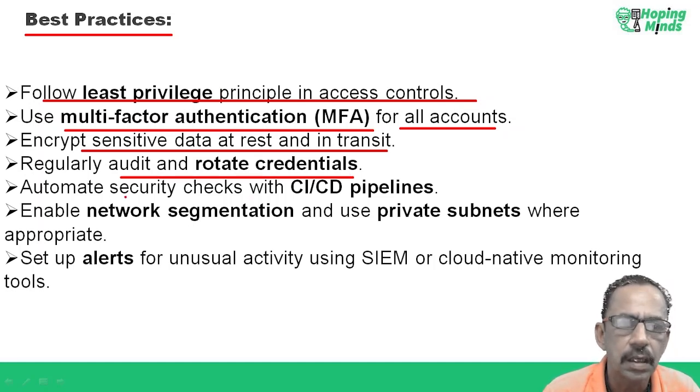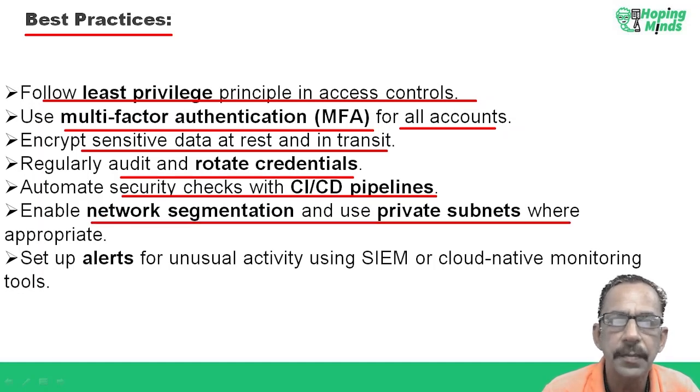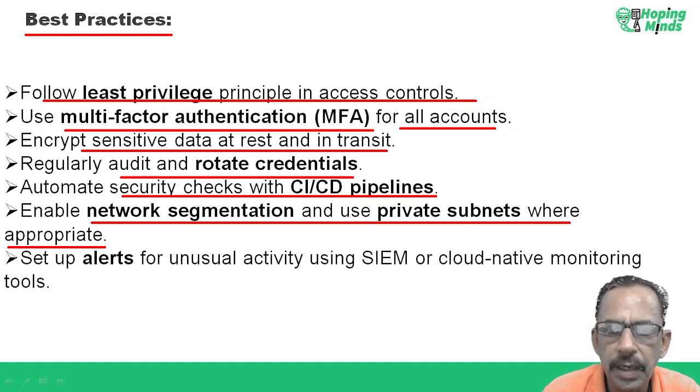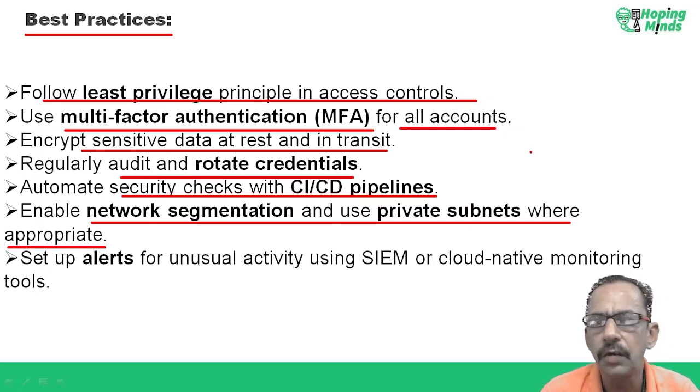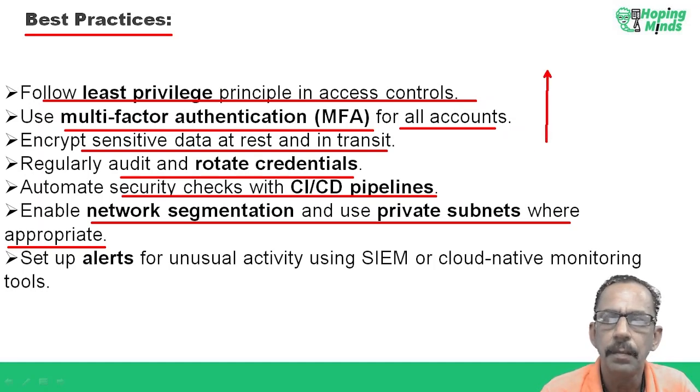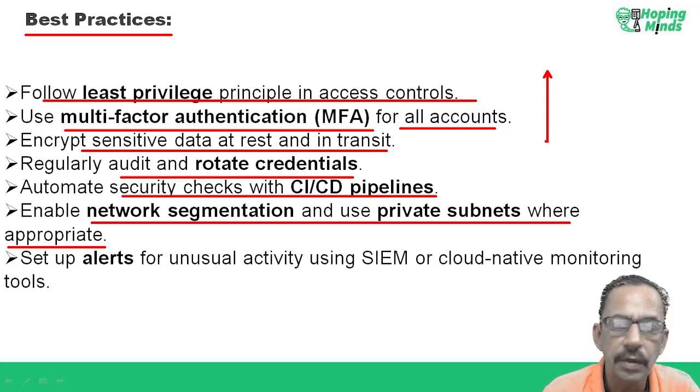In case of containers, do security checks with CI/CD pipelines. Network segmentation using subnets. Use the private subnet where appropriate. Try to put your resources in the private subnet as much as possible, because a private subnet cannot directly communicate over the internet. No inbound request is accepted for private subnets. If anybody tries to access a private subnet directly, that's not possible.